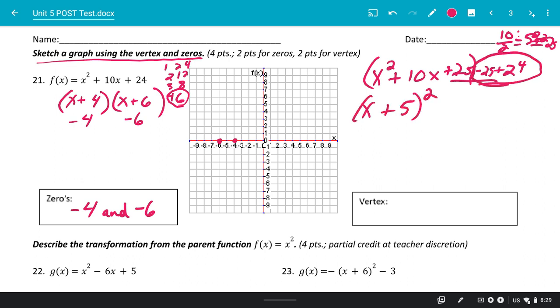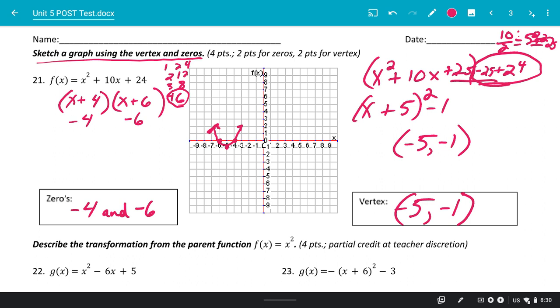Then combine those like terms to get a -1. So what is my vertex now? It's -5, -1. See how easily I did? Look, -5, -1. There is the graph of my parabola using the vertex and the zeros.